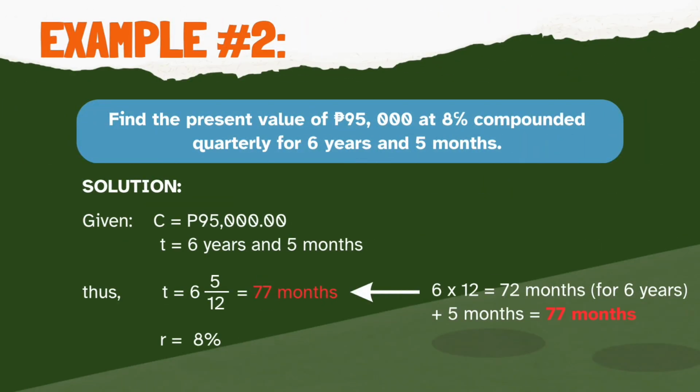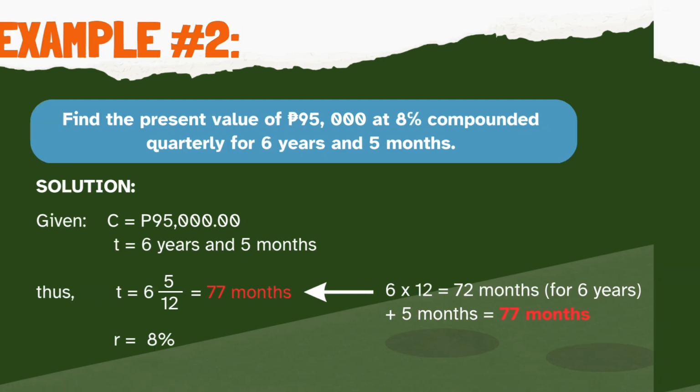First, with the given future value of 95,000 in a total time of 6 years and 5 months, we will start by converting the time into months, which is 6 times 12 equals 72 months, and that's only for 6 years. Then add the remaining 5 months, making it a total time of 77 months.